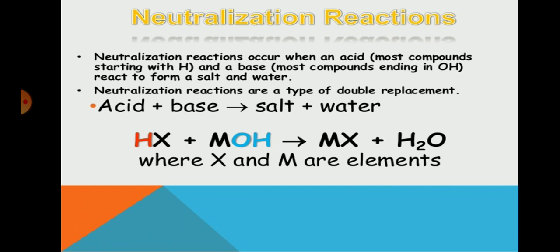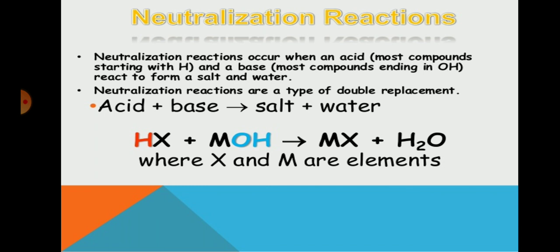So for the neutralization reactions, neutralization reactions occur when an acid, most compounds starting with H, and a base, most compounds ending in OH, react to form a salt and water. So neutralization reactions are a type of double replacement.